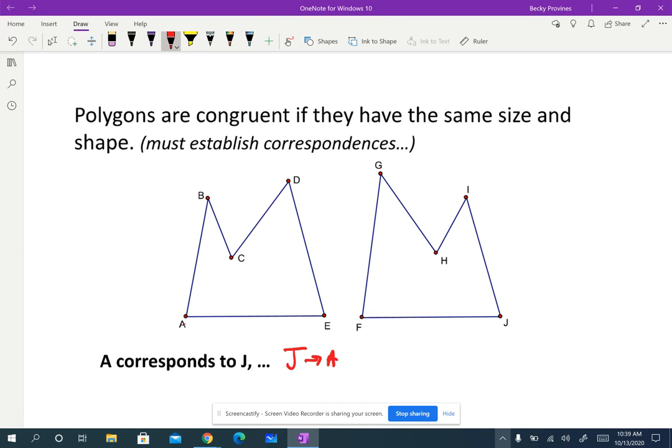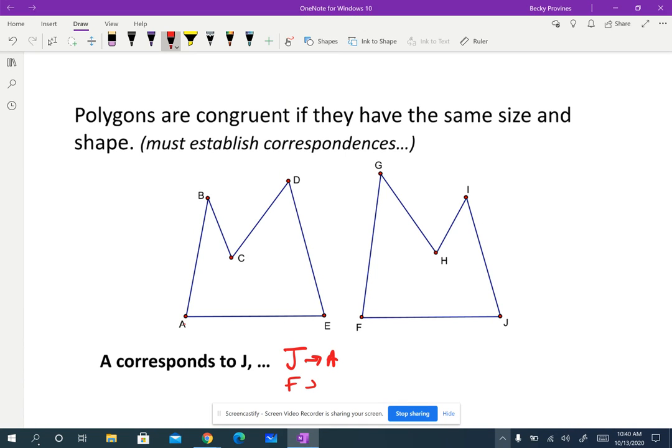Now, these are points. Points don't have a size or shape, so we can't say the point is congruent. But what we can say is that the segment is congruent. So let's find another segment that connects with J. I could either go with I or F. Let's do F. What does F correspond with?